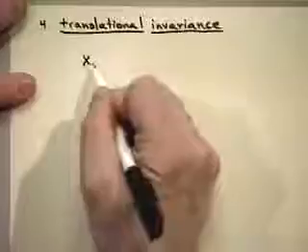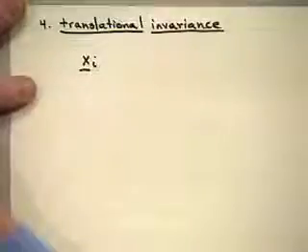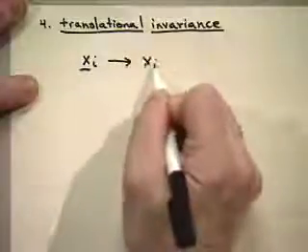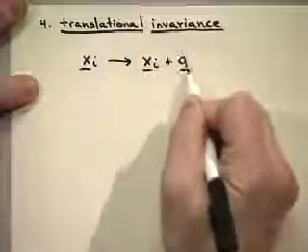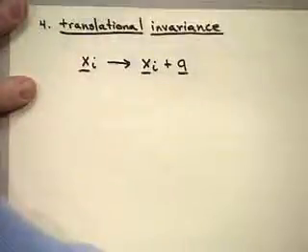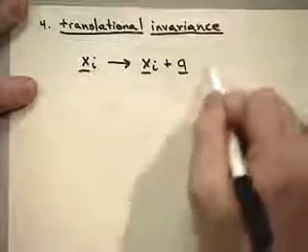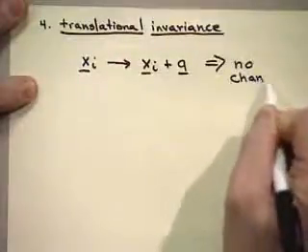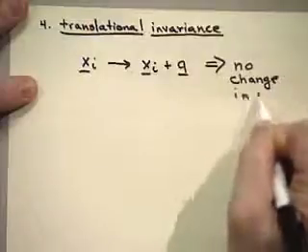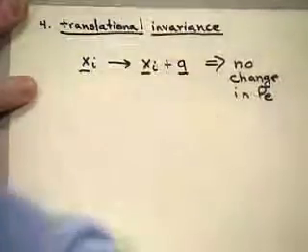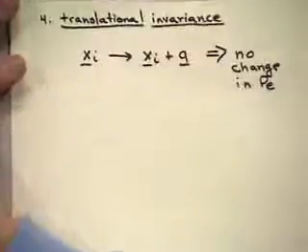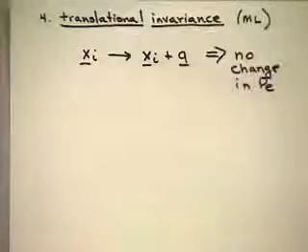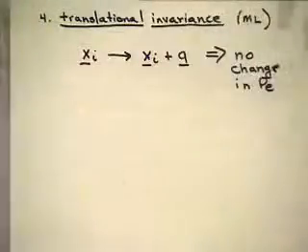It says, if I take each and every message in a signal constellation and I translate them all by the same constant vector, so it is not a function of i, then this implies that there is no change in probability of error. Now, this is for the maximum likelihood detector. So we're assuming that all of the inputs are equally likely.